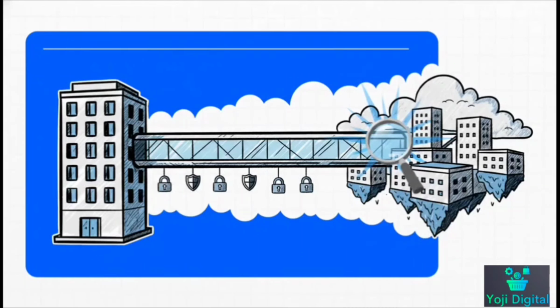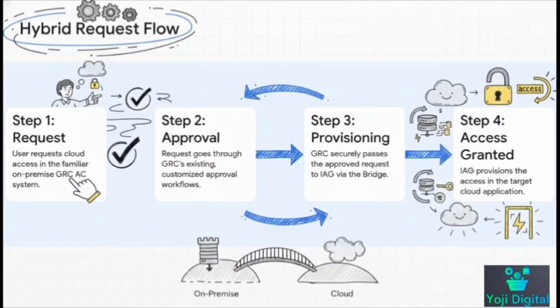If an employee needs access to a cloud app like Ariba, they don't need to learn a new system. They use the GRC portal they already know. The request follows your existing custom GRC approval workflow. Once approved, GRC passes the job to IAG via the bridge, and IAG grants the access in the cloud. For the user, it's seamless. For the business, you never bypass your carefully built controls.